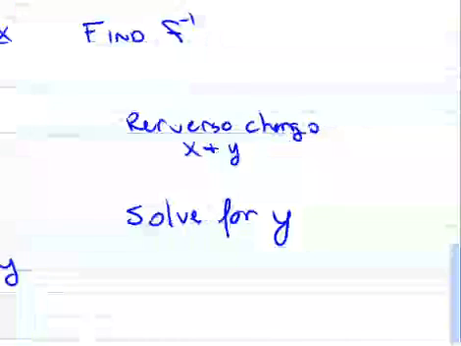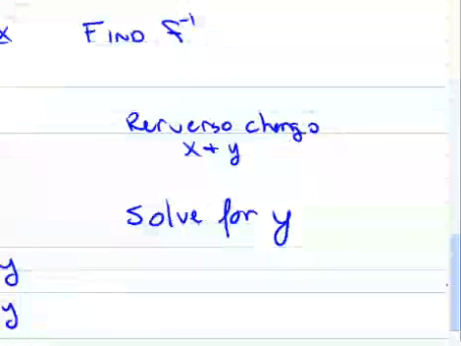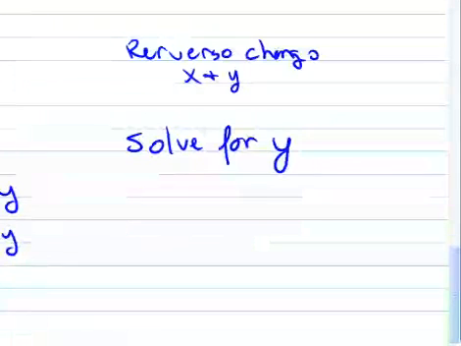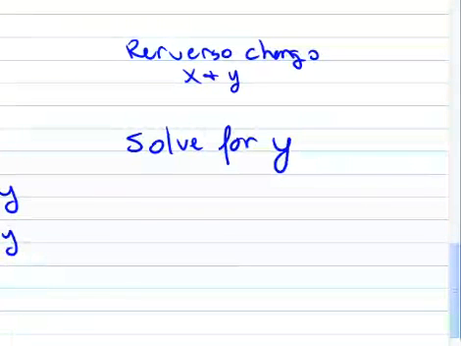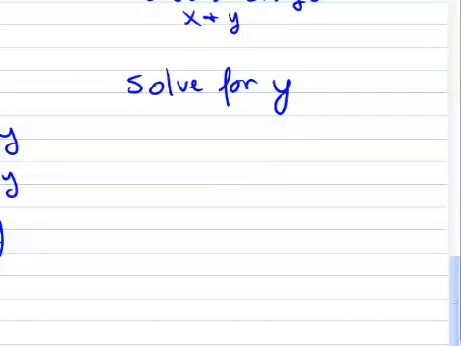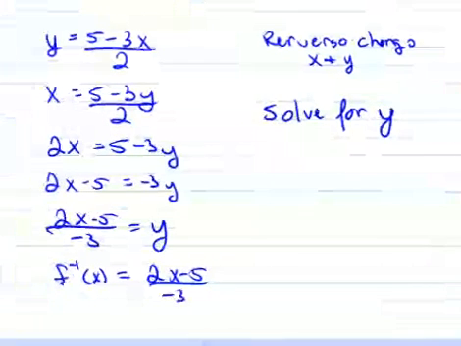And if we subtract the 5, and if we divide by -3, we have y by itself. And I'm going to put it back into function notation and call it f inverse is 2x minus 5 over -3.